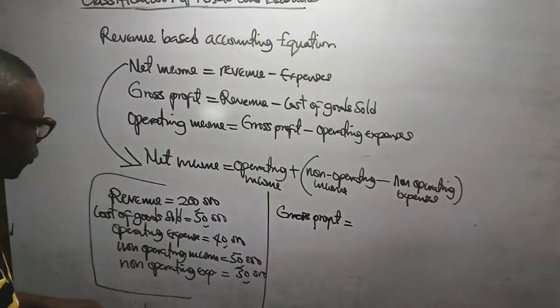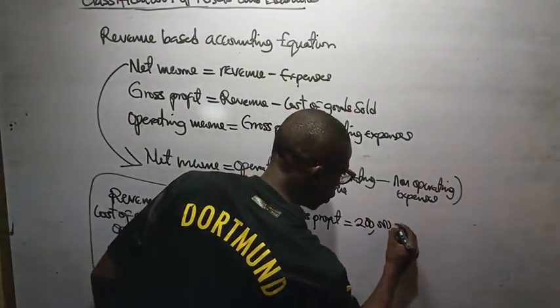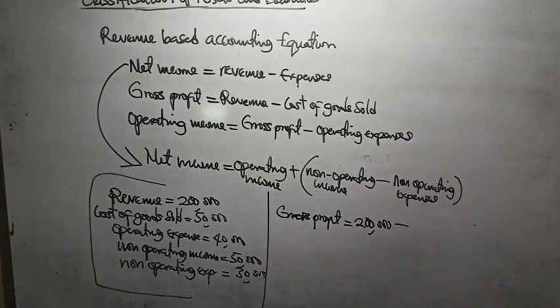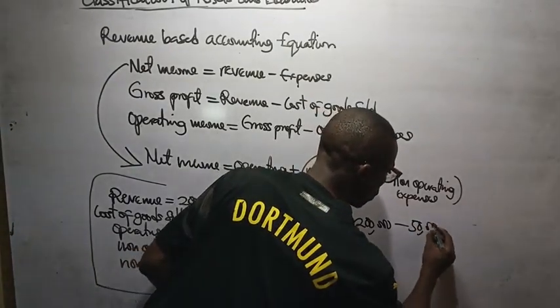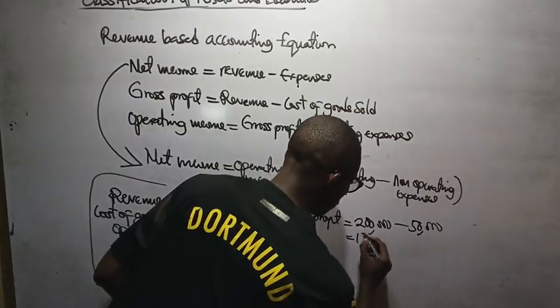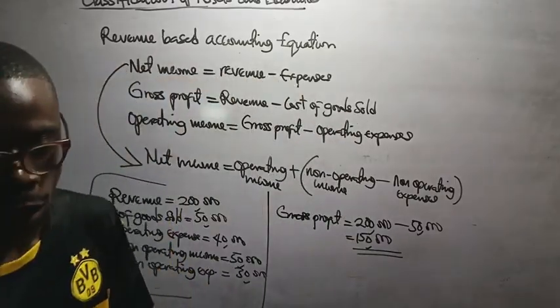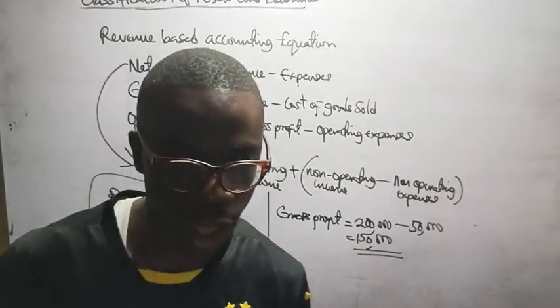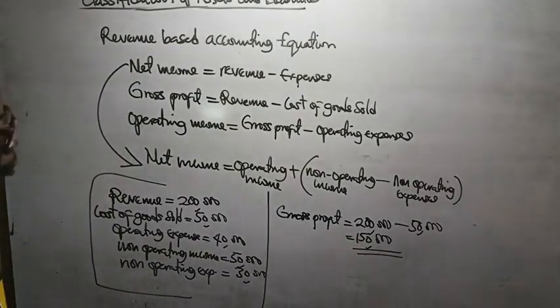So what's your revenue? Your revenue is 200,000 based on this information. Your cost of goods sold is 50,000 naira. So when you remove it, your gross profit will be what? 150,000. Am I communicating?